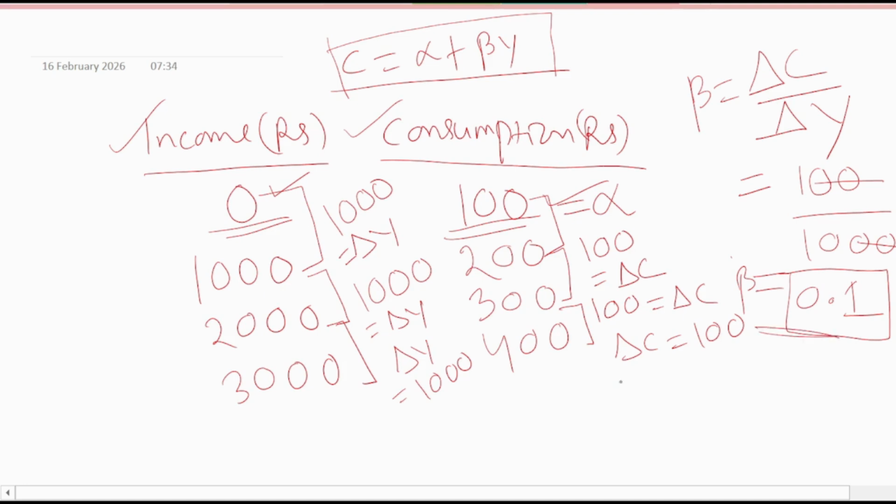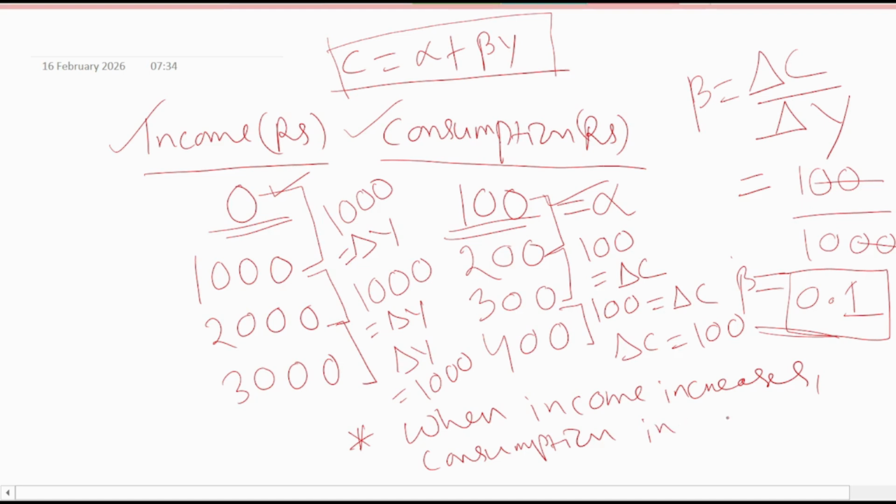Value of beta can be interpreted as when income increases, consumption increases by 10% of the increased income.